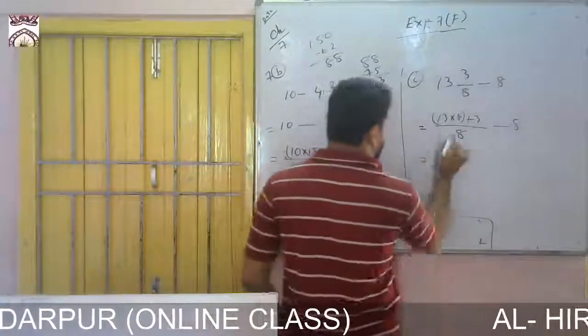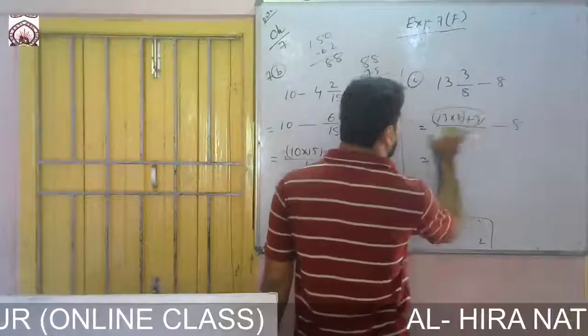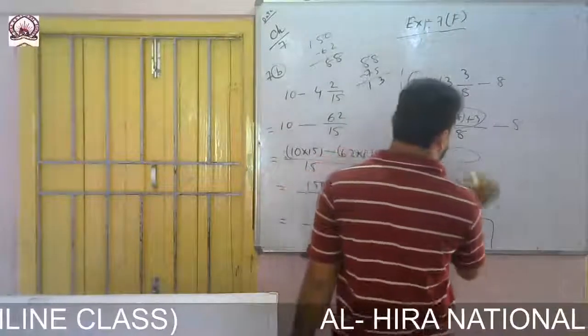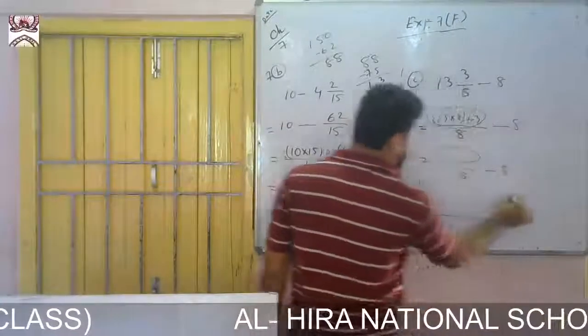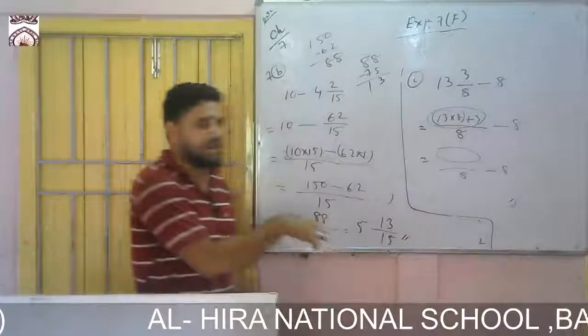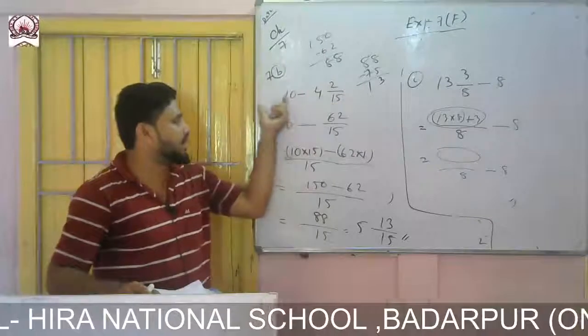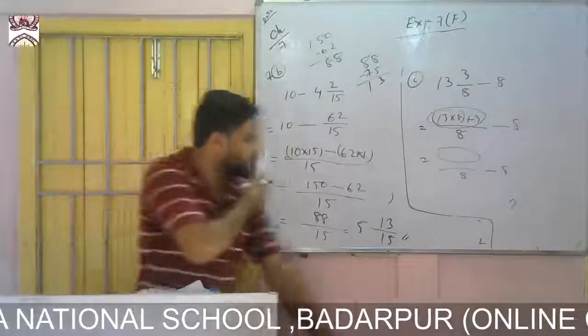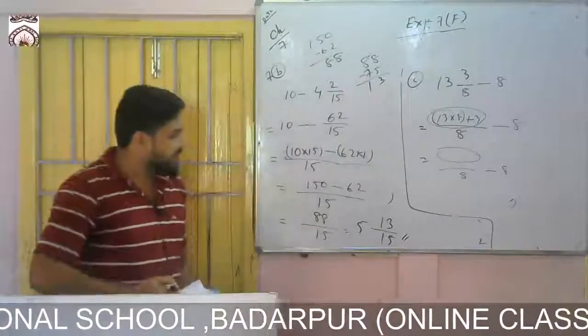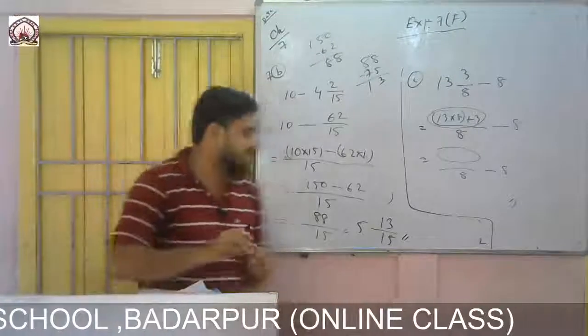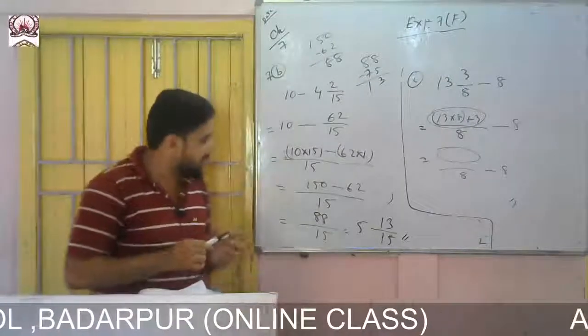You solve this one, get the answer by 8, then minus 8, you get the answer. It is exactly like question 7b, but this portion is given at the first. So 5 13 by 15.